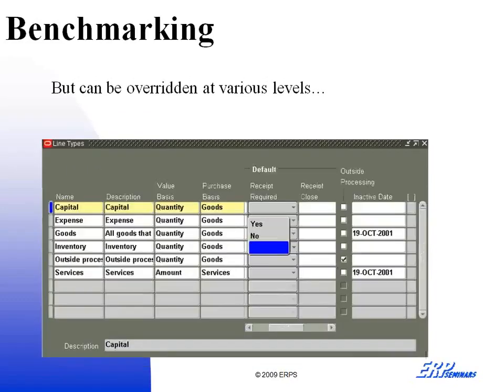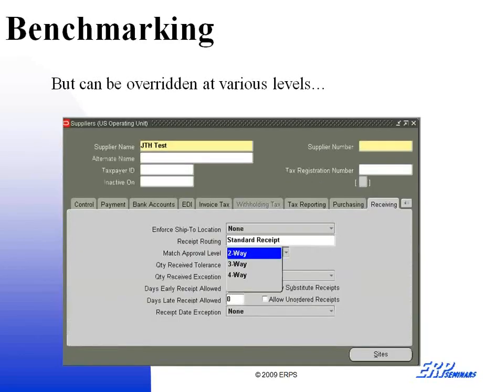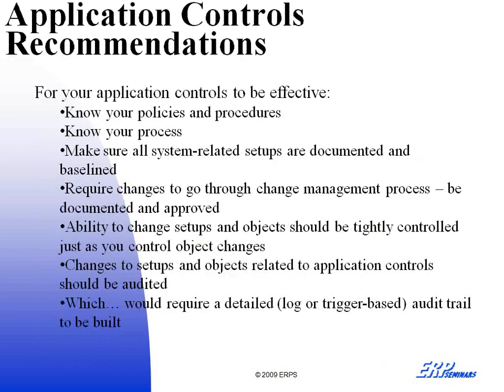And then in defining the line types, you may need to make sure that all line types are set up receipt required, and make sure that any changes to line types in the future and any new line types go through your change management process, so that somebody can review that from a controls perspective to make sure that a line type doesn't get set up related to a two-way match.